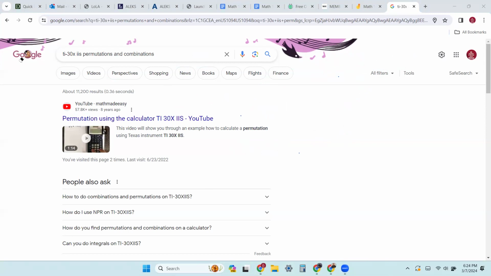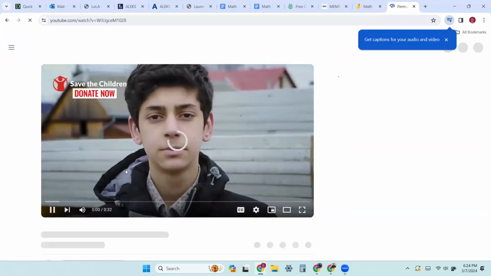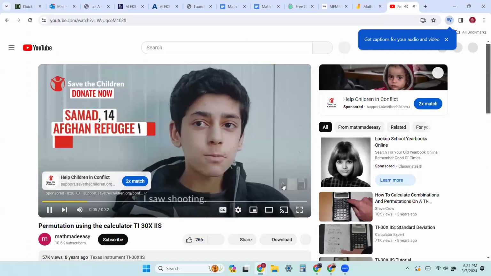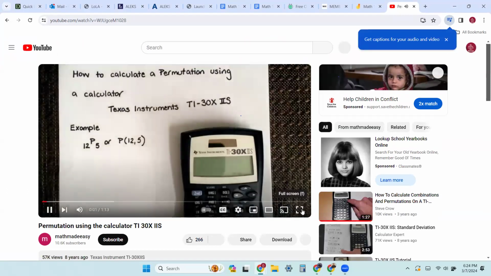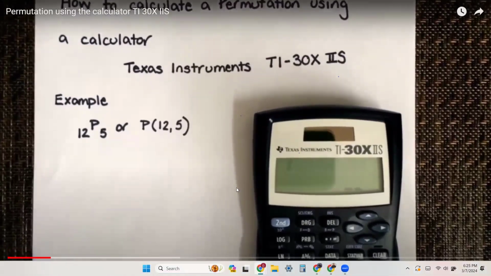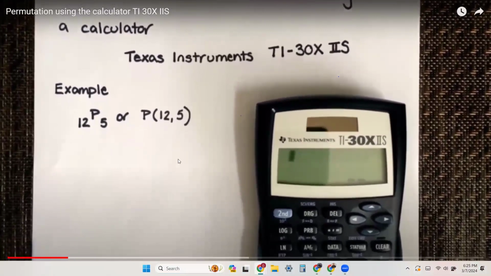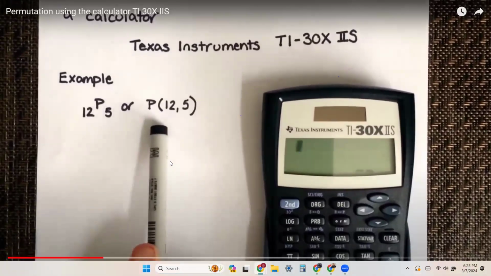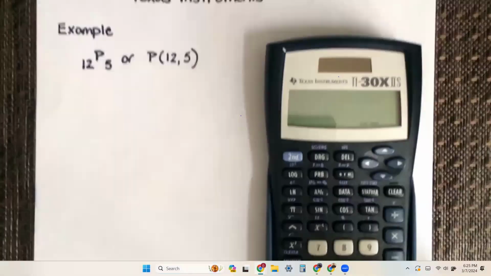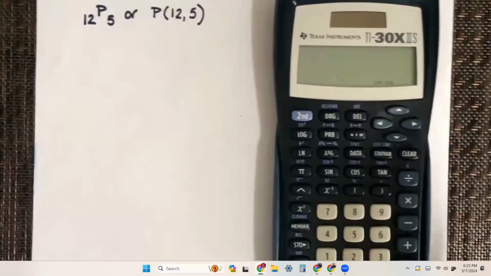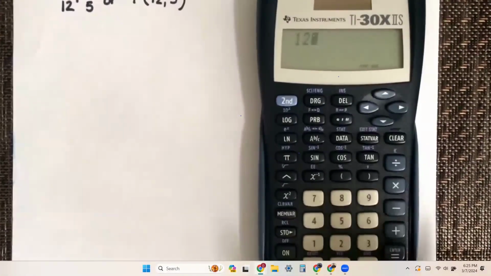So here it is. So pay attention on this, because there's a PRB. So you put in your big number first. First thing you're going to do on your calculator is enter in the big number.